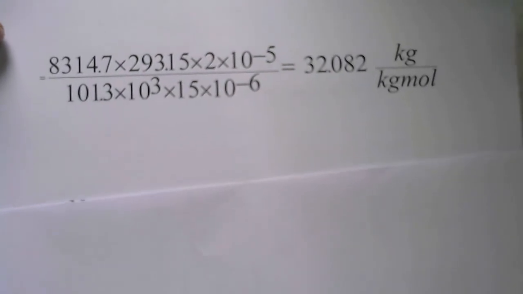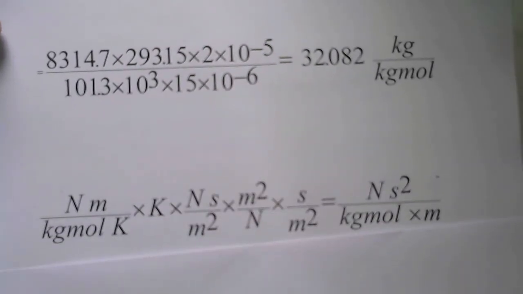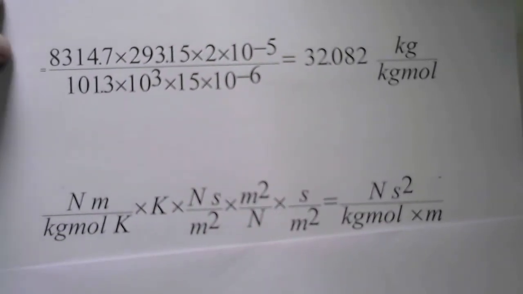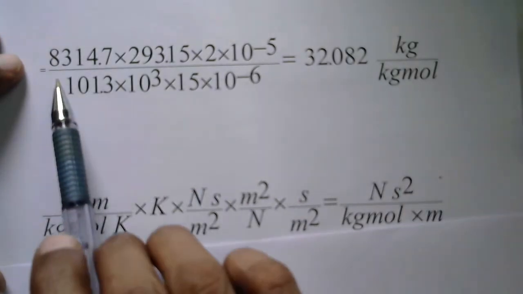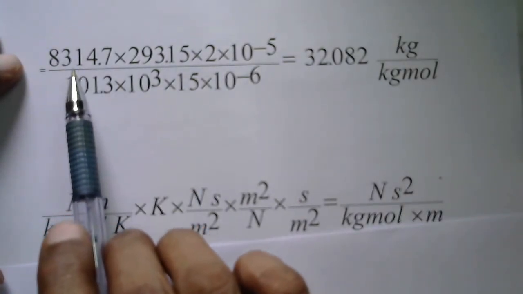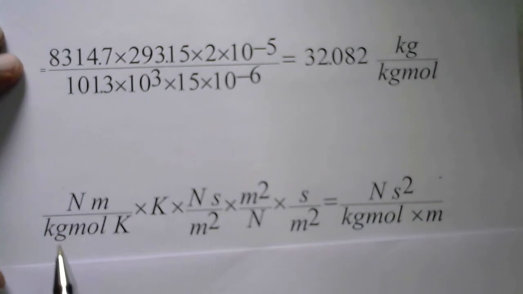So we will substitute both the values and the corresponding unit. So when you substitute for universal gas constant, we get 8314.7, and the unit is Newton meter per kg mole Kelvin.